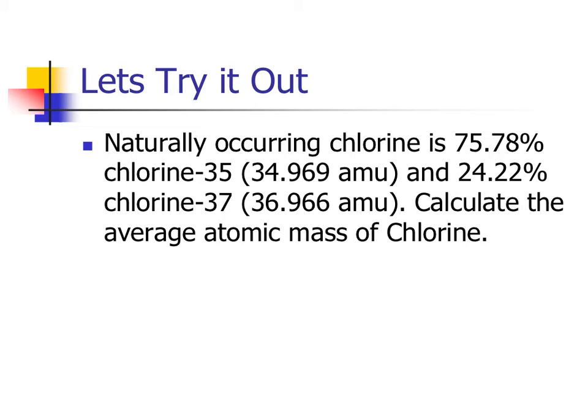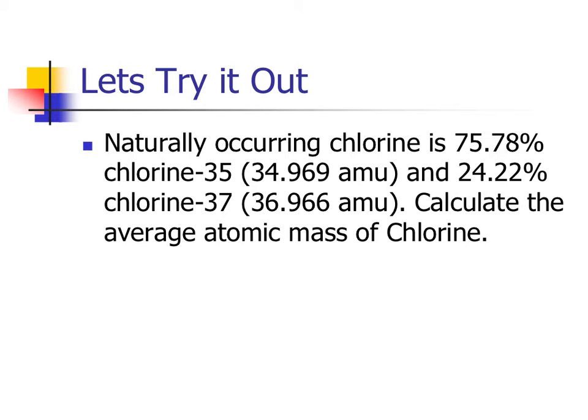They might say a naturally occurring element has these things, what element is it? Or here's a hypothetical element, what is the average atomic mass for it? That's why you need to go through the steps and not just always use your periodic table. And we're going to be able to check ourselves and go from there.